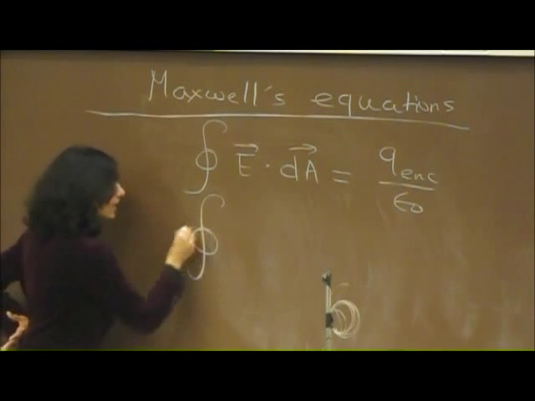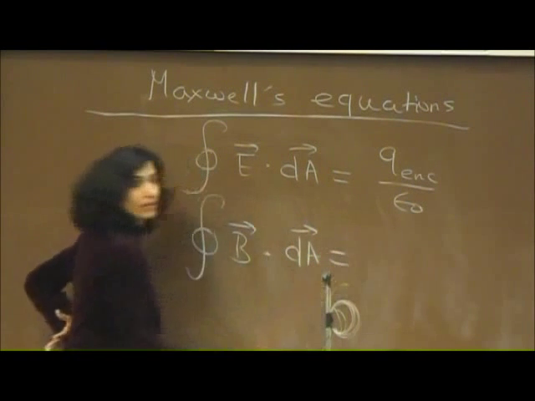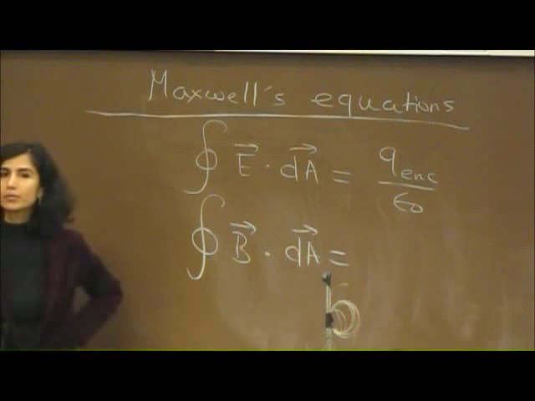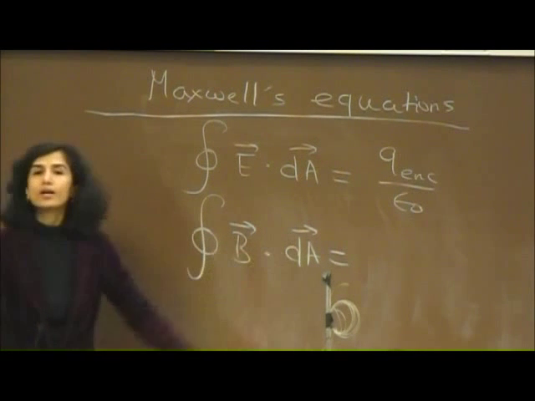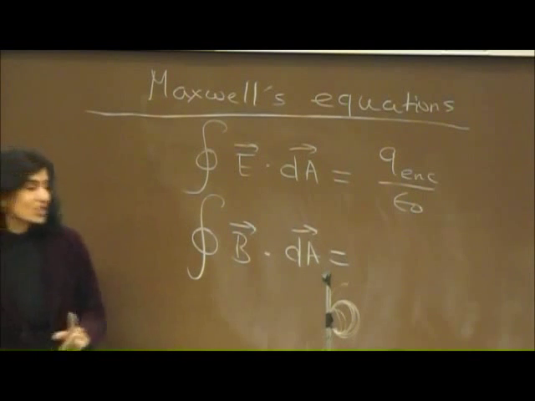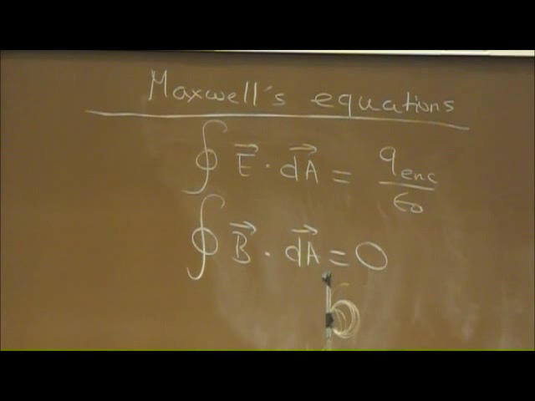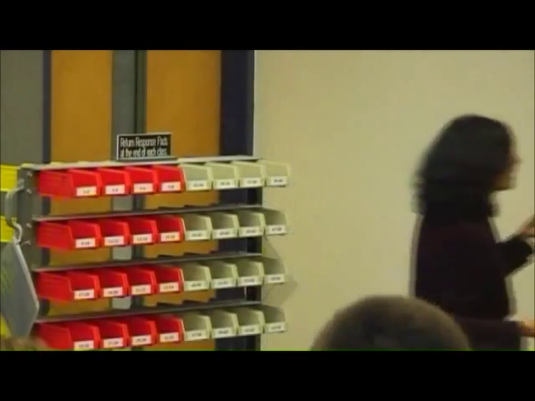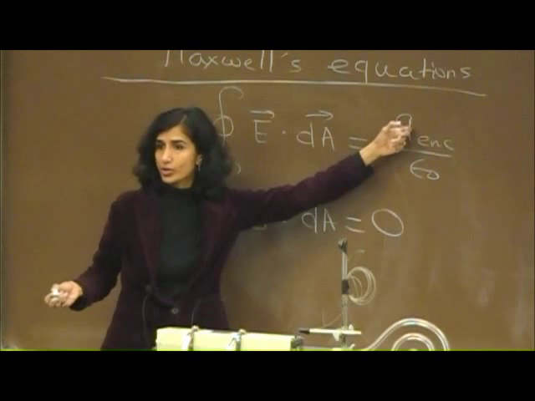Another one is Gauss's law of magnetism. Do you remember what Gauss's law of magnetism was? Anybody? What should be the integral of B dot dA, the magnetic flux over any closed surface? It's 0. Why? Because you can never have just a north pole or a south pole. Even if you enclose an electron in a closed surface, an electron itself has a north pole and a south pole. So you can never have an isolated pole like you would have isolated charges.